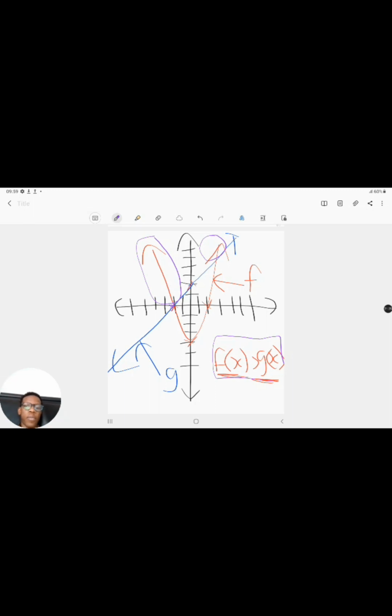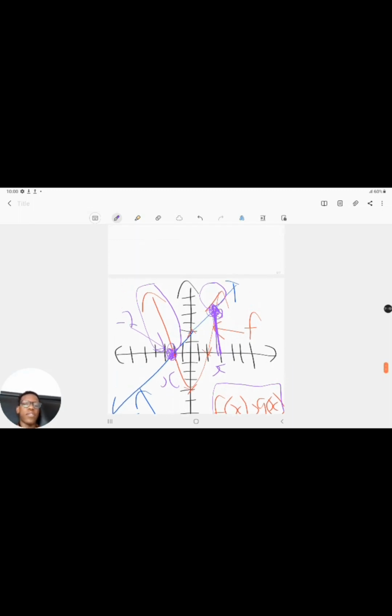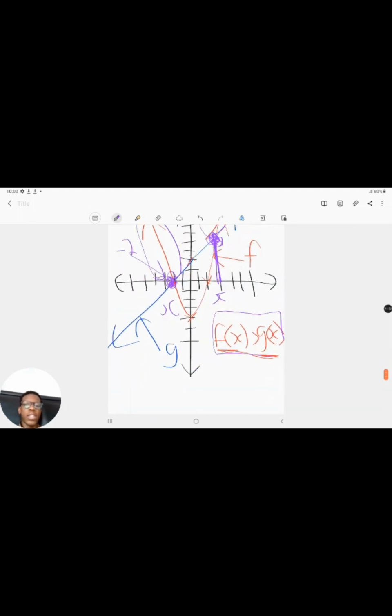Well, it's from that x value there to that x value there. To find that x value, you're going to have to find the point of intersection mathematically. I'm not going to do that in this video. This x value we know is -2, and that x value we're going to have to find mathematically. That's all that this means.